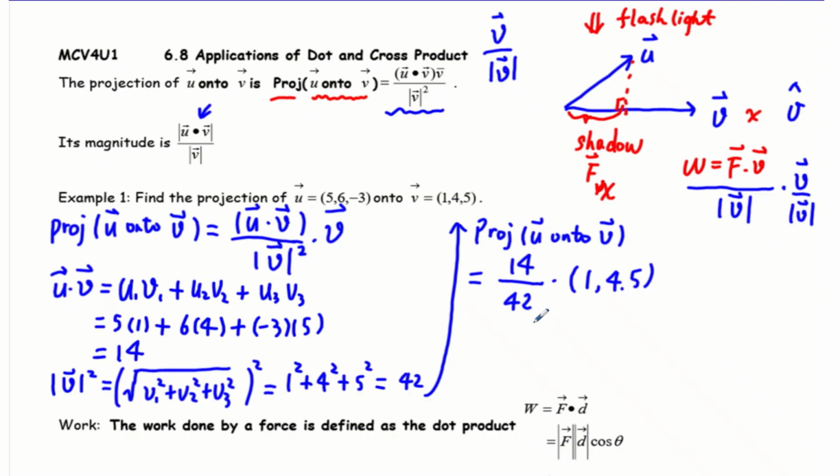So we simplify it. We have 1 over 3 times 1, 4, 5. We could move it inside the bracket: 1 over 3, 4 over 3, and 5 over 3. So you will see that the projection of u onto v is a vector. The final answer is a vector.